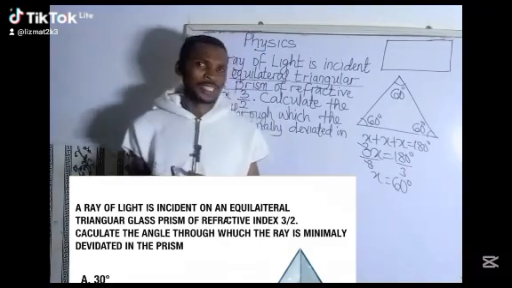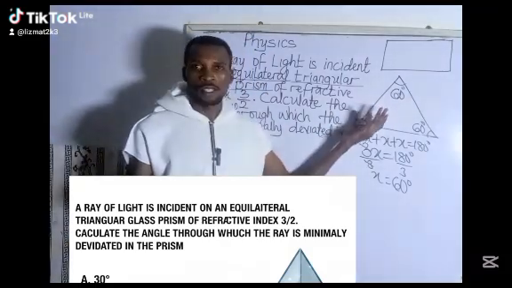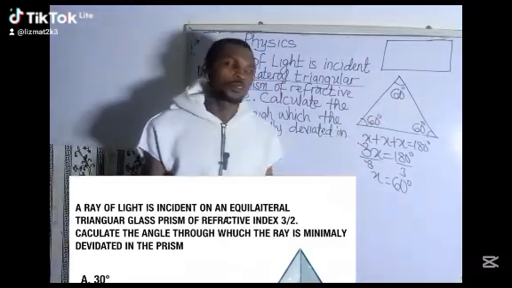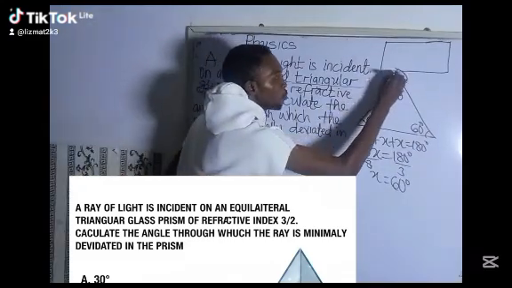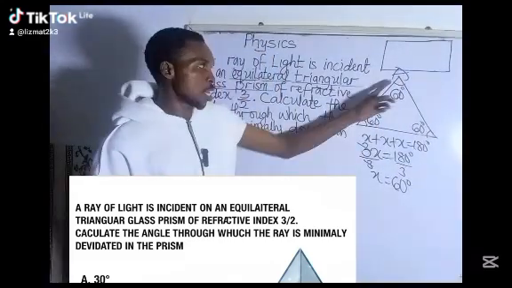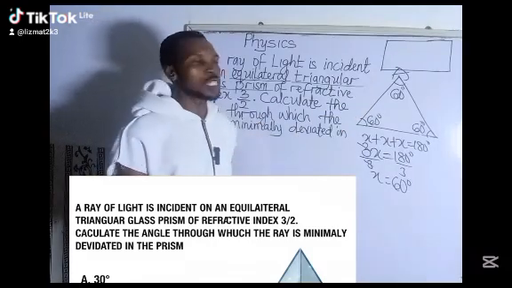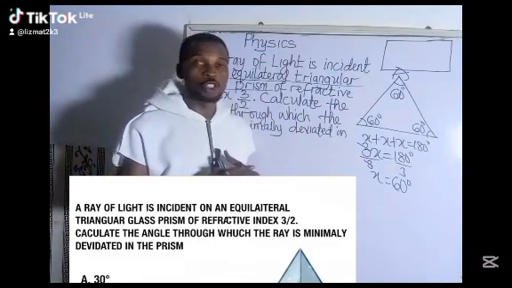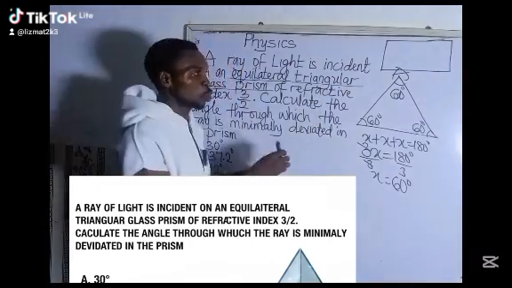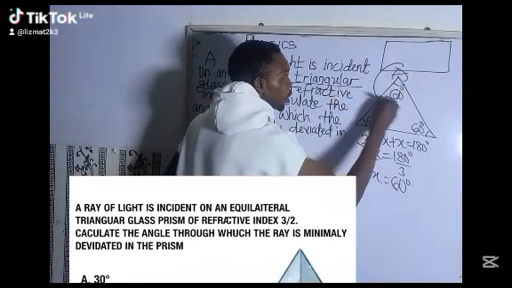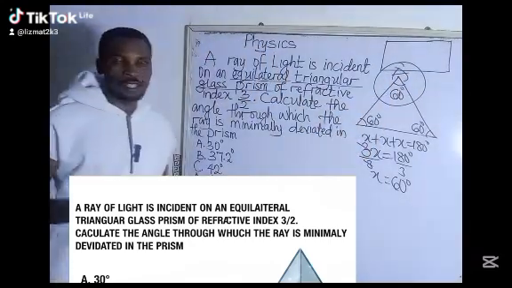Of course, you may be asking what am I going to do with this 60 degrees? It's because there is something that we must look for. We call it A. A is called the angle of the prism. A is called the angle of the triangular prism. So the value for the angle A here is 60 degrees.